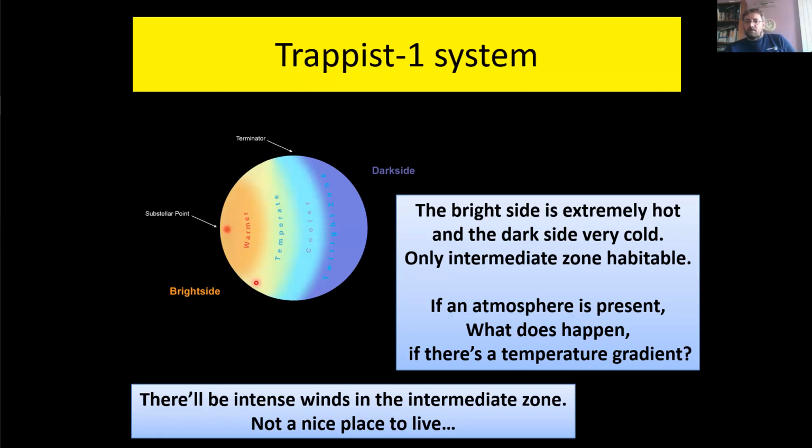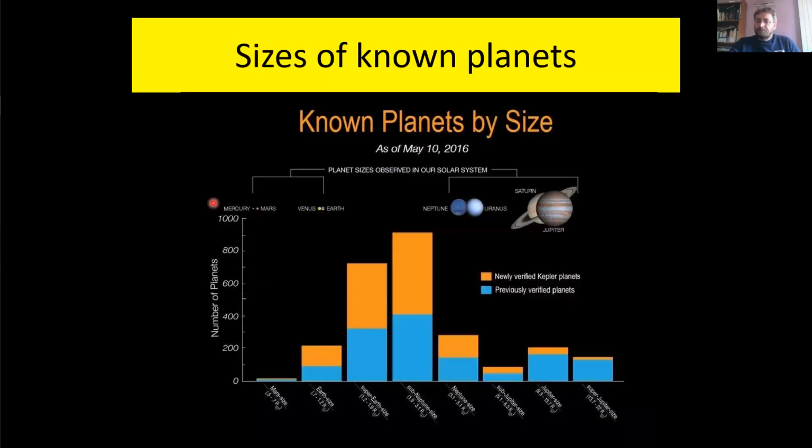Of course, thanks to Kepler, we are now relatively good at finding planets, and here's basically the amount up to 2016. A couple of thousand planets were known already. Thanks to Kepler, a lot in the sub-Neptune and super-Earth size, but also in the Earth size.